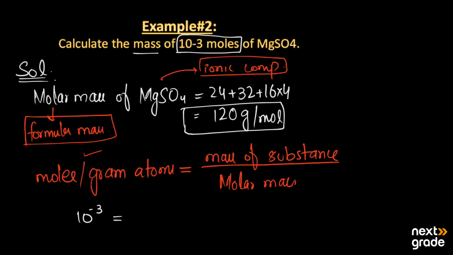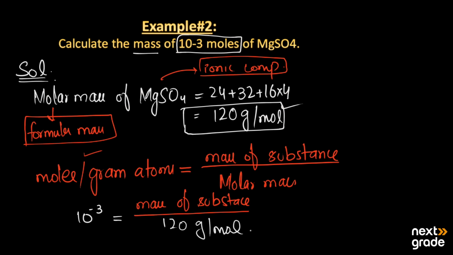We need to find the mass of the substance, divided by the molar mass, and the molar mass is 120 gram per mole.